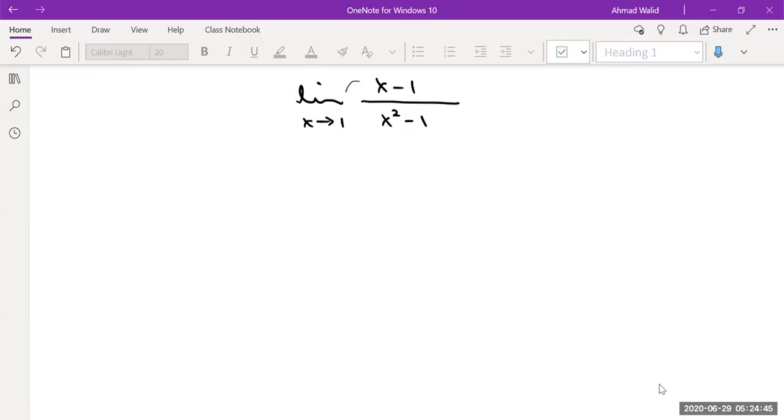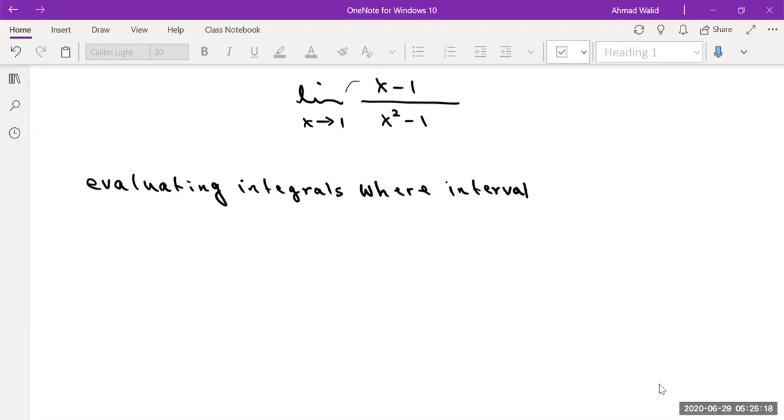In this section, we are evaluating integrals where the interval is infinite, or has infinite discontinuity.